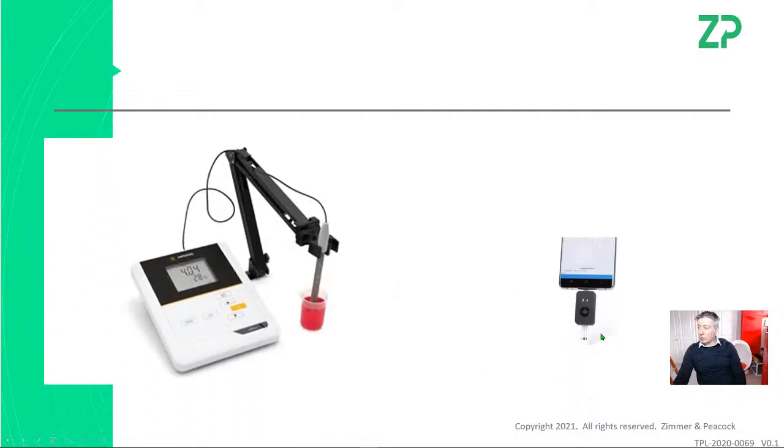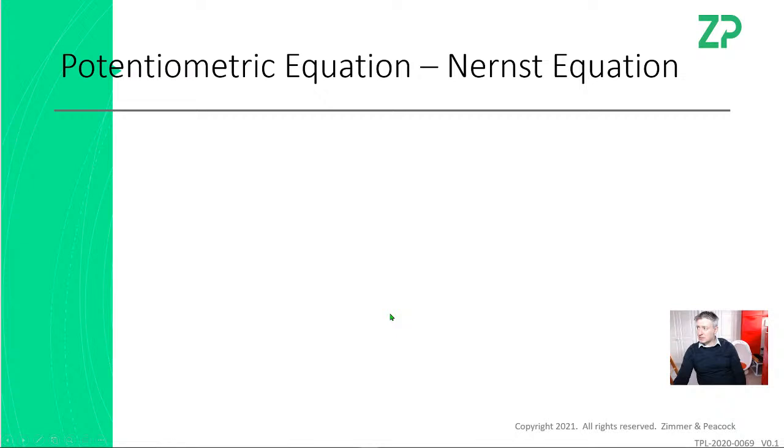Now at Zimmer and Peacock, we have reduced these bulky pH potentiometric sensors down to things that are quite small. So there is a movement now, down to solid state.